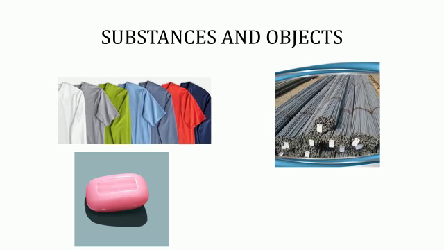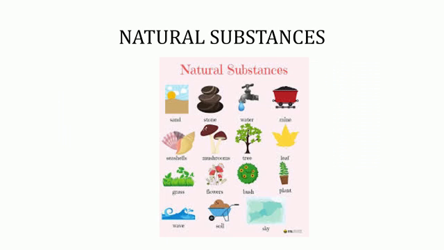The substances that we use in our everyday life are divided into two parts, natural and man-made substances. Natural substances. Substances available to us or provided to us by Mother Nature are called natural substances. Substances obtained from living things are called biotic substances.